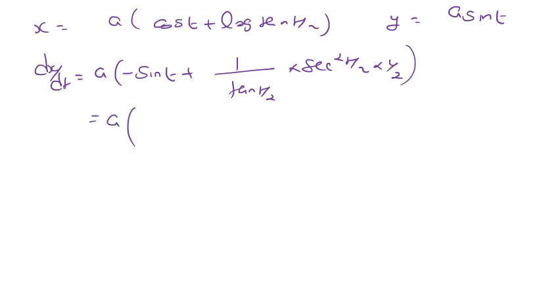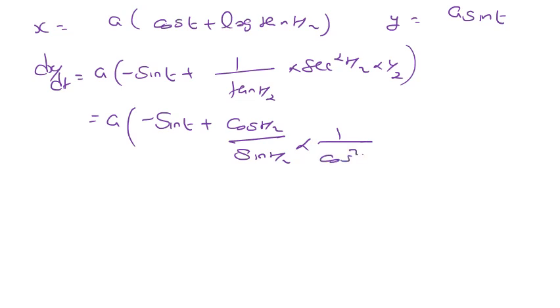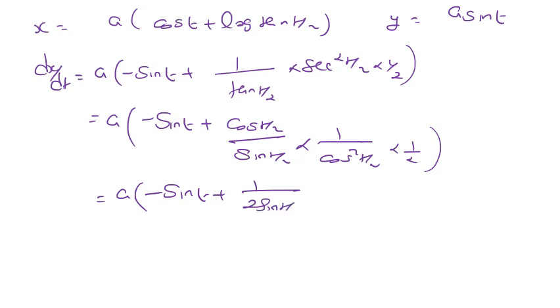So a into minus sin t, 1 by tan t by 2 you can write as cos t by 2 by sin t by 2, into sec squared t by 2 you can write as 1 by cos squared t by 2, into 1 by 2.